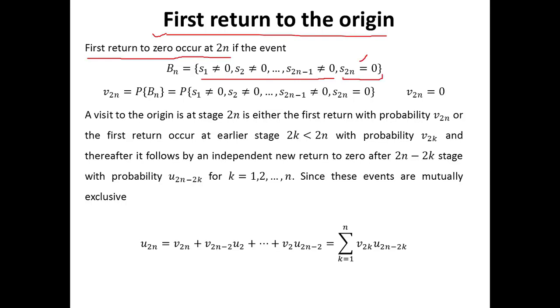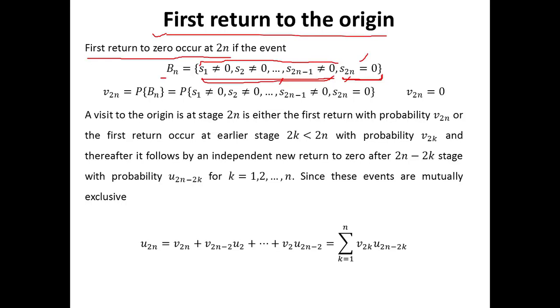Only then can we say that after 2nth interval the particle will return to origin for the first time, because if any previous value is 0, it automatically means that before 2nth trial the particle remained at 0. But since we want to calculate the probability that the particle will return to 0 for the first time after 2nth trial, it means only s2n needs to be 0, and before that none will be equal to 0.